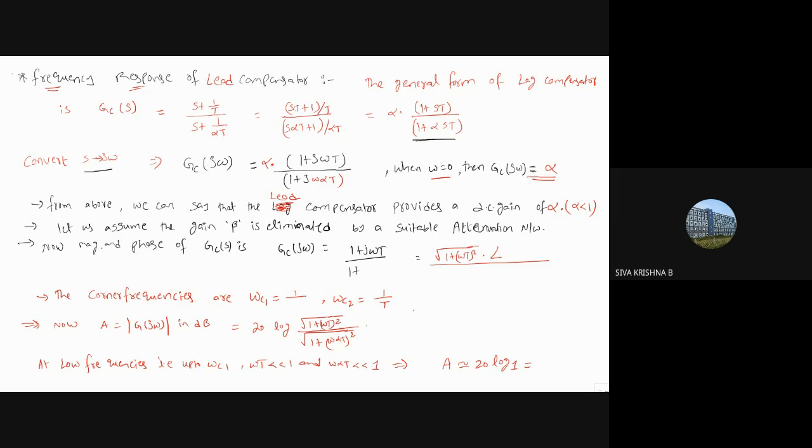Again the same thing, magnitude and phase we have to find. So here it is j omega alpha T, and we will apply magnitude and phase.